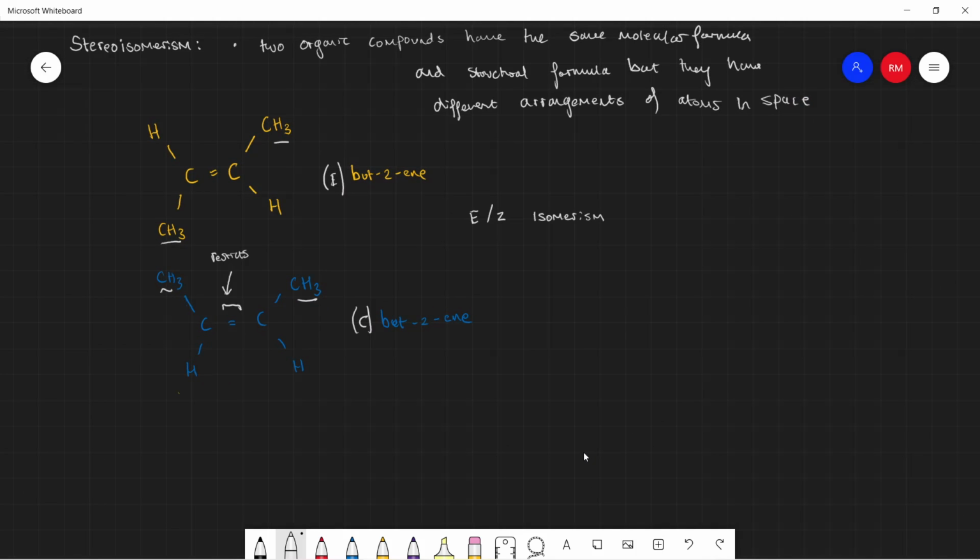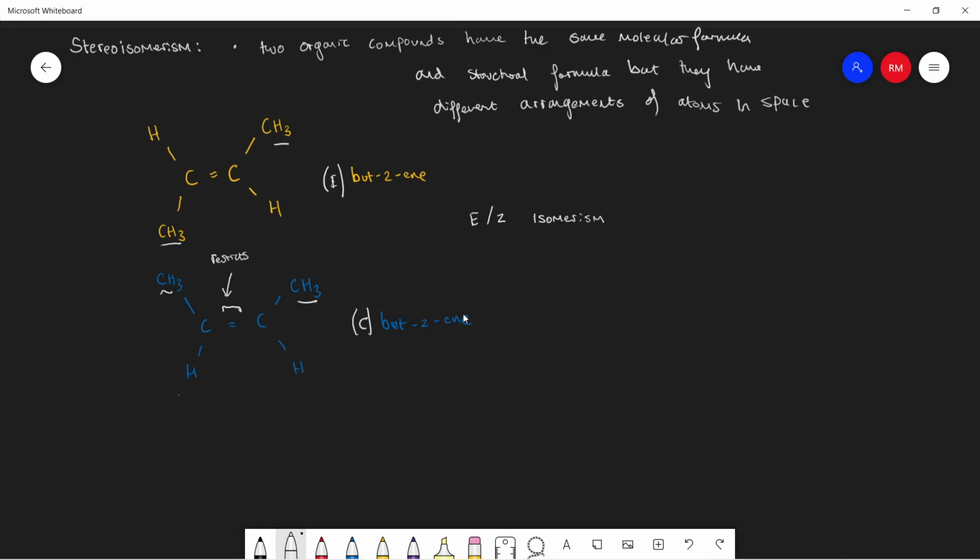Now, there is another type of stereoisomerism, which is called cis-trans isomerism. Okay, and this works in a similar way, but altogether differently. Cis-trans isomerism is where two substituents on each carbon are the same.